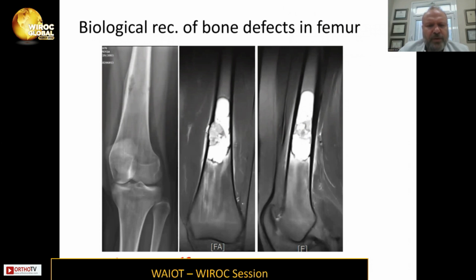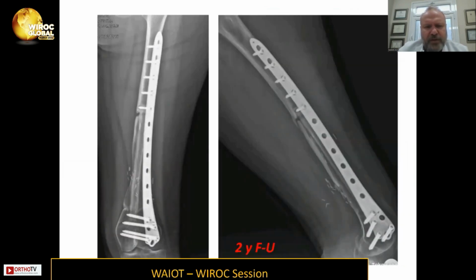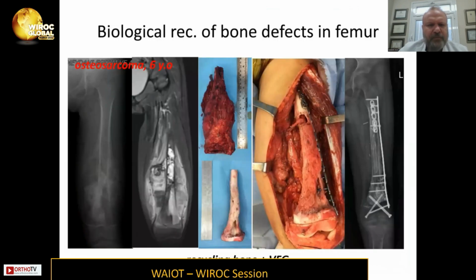Another osteosarcoma patient in the distal femoral diaphysis, and again a combined technique, a combination of recycling bone with vascularized fibular graft, which was fixed with a plate, and at 2-year follow-up, again we see the complete healing of the fibular graft and the recycled bone, and good restoration of the bony defect.